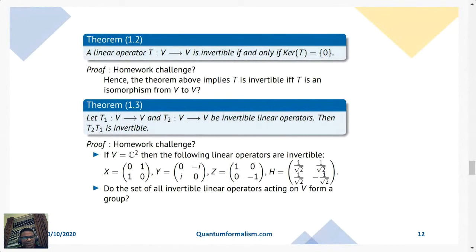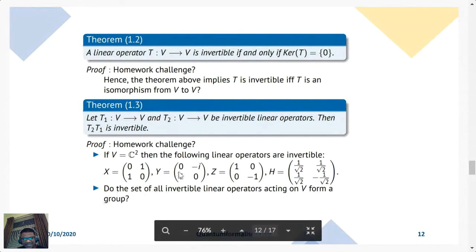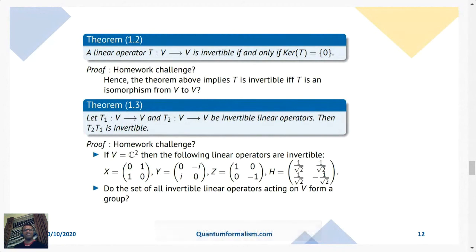Okay. So now the question is, now that we've seen that the product of two invertible operators is invertible, that means invertibility is closed under product.